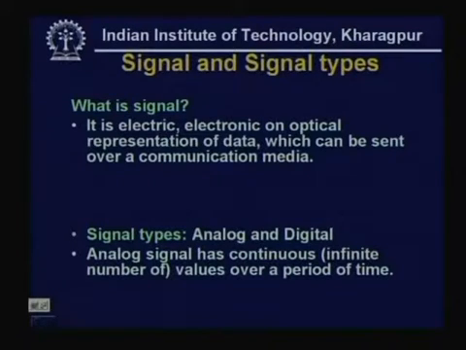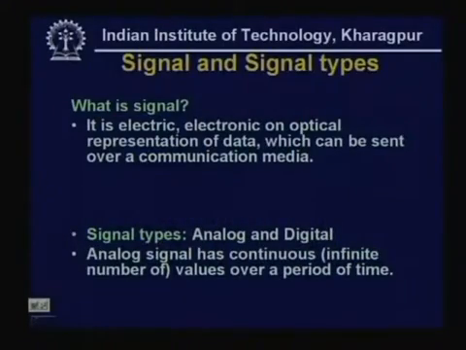That means we are converting it into some form which can be either electric, electronic or optical. It depends on through which medium we are trying to send. When we send through a pair of wires, it has to be electrical voltage or current. On the other hand, whenever we send through an optical fiber cable, it has to be converted into optical signal or light.